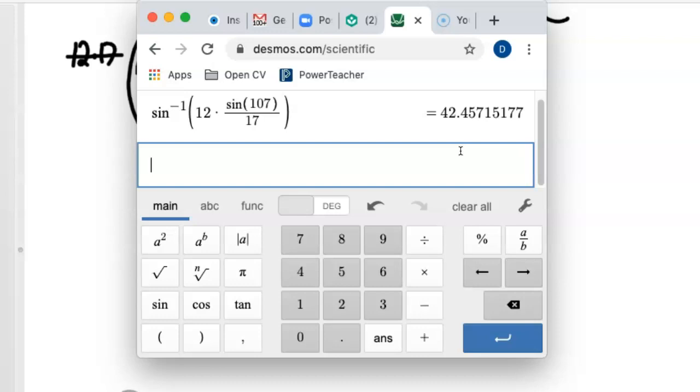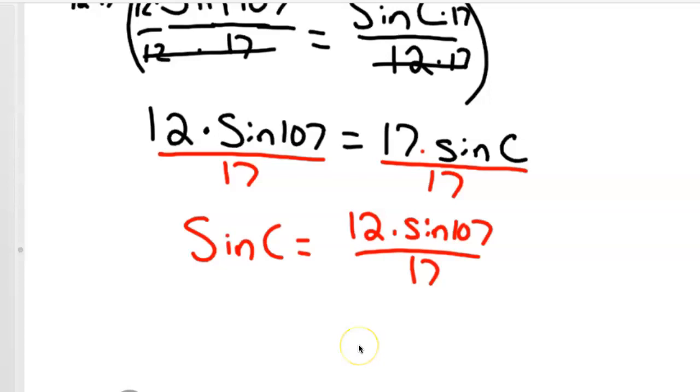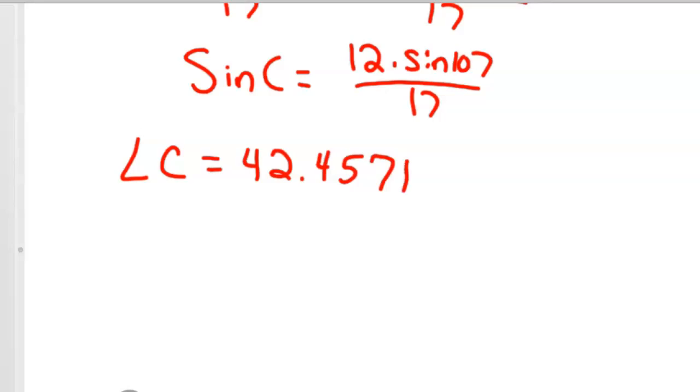So this angle that I was looking for, angle C, let me write that down so we have it. So angle C is 42 point, and again, I'm only doing this because we have to enter it into a computer program algorithm, so the more accuracy, the better.